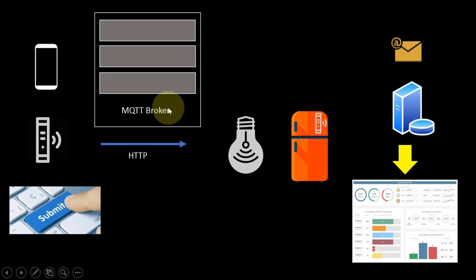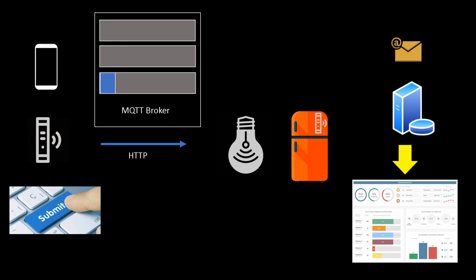Here you see a topic, and the controller is going to send messages onto this topic to which these devices are subscribed. Once the message reaches them, they change their state or provide information on another topic, from where the controllers can take the information. So let's see this in action.